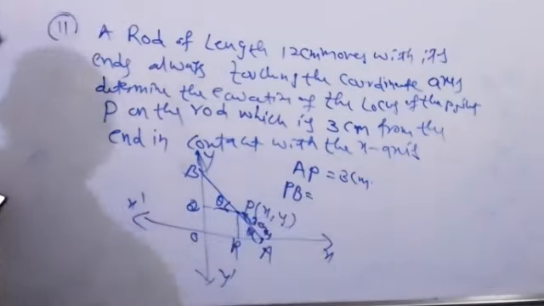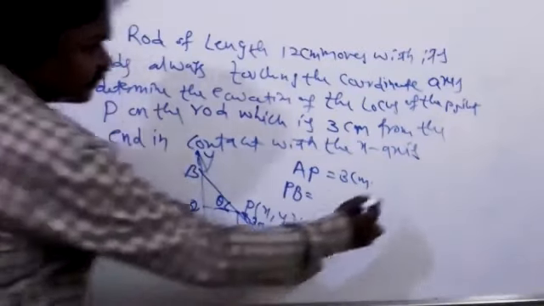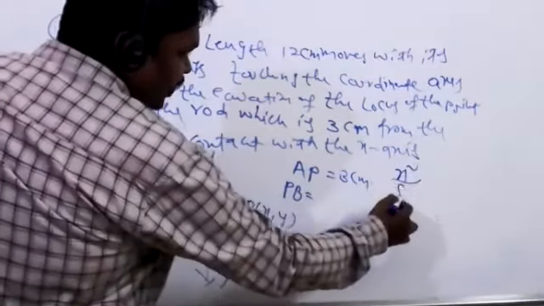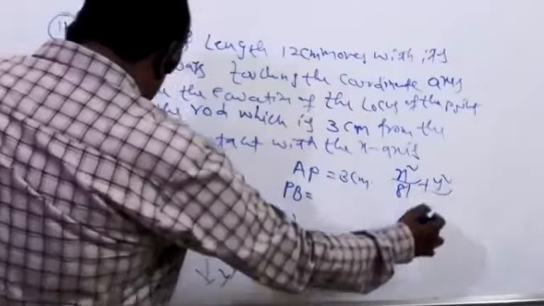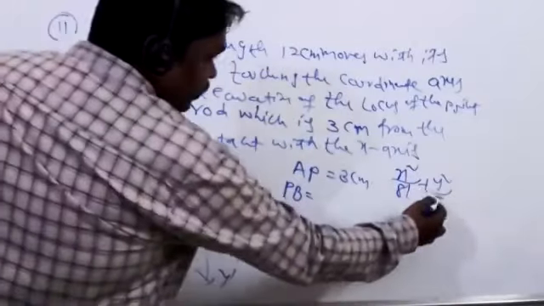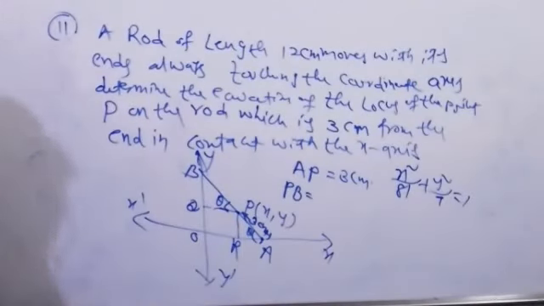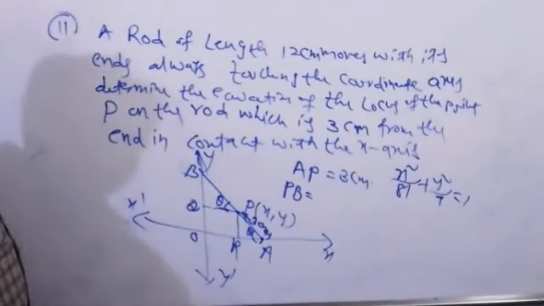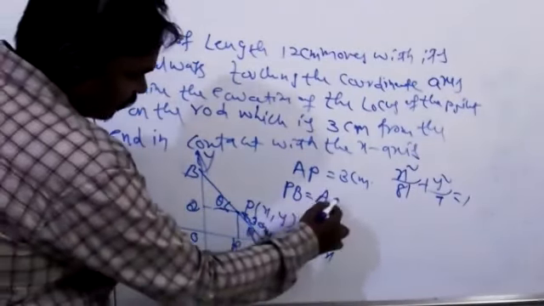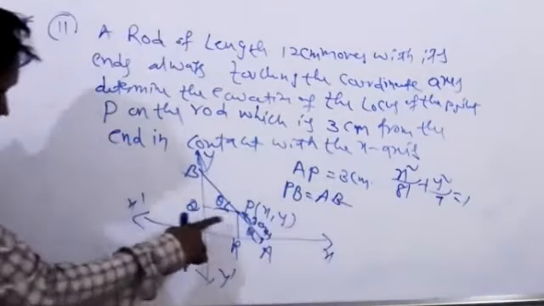So, the answer is x square upon 81 plus y square upon 9 is equal to 1. Okay, sir. Done? Mona Lisa? Yes, sir. PB is equal to AB minus AP.